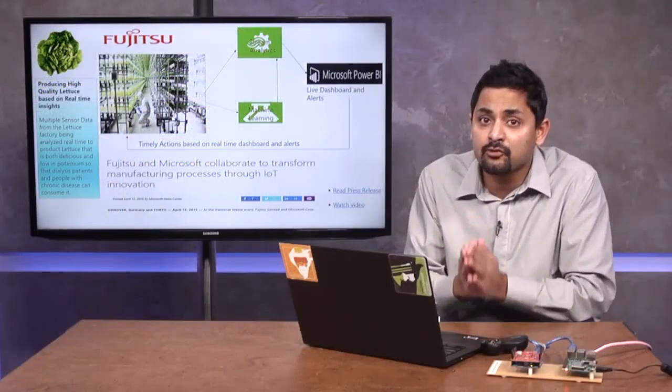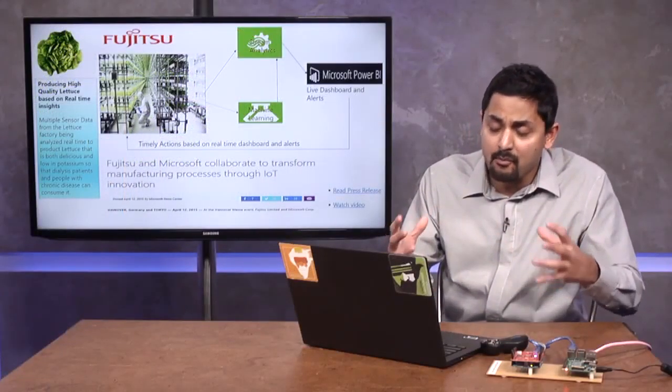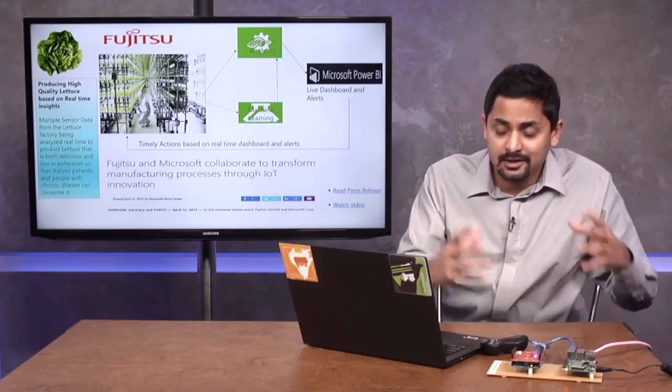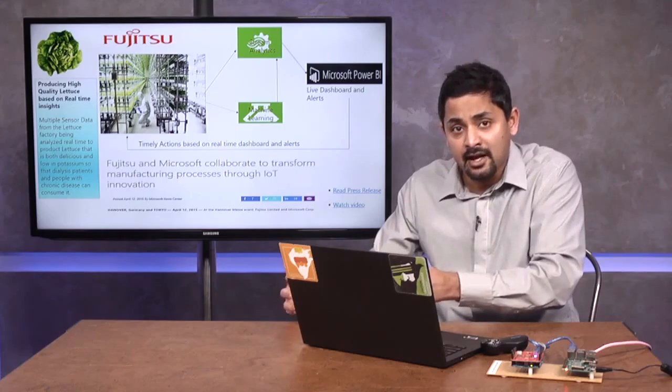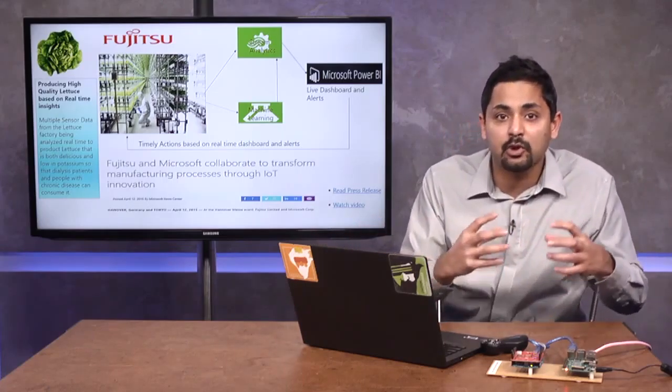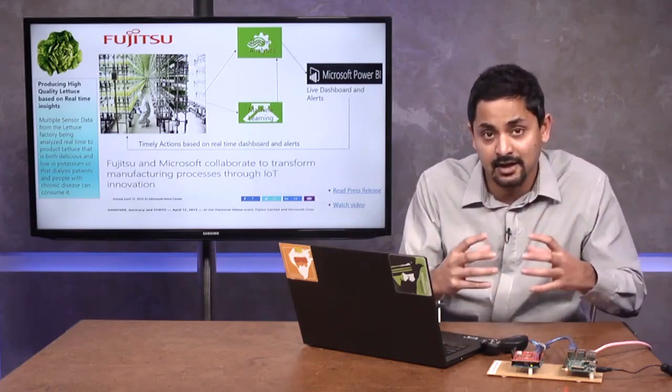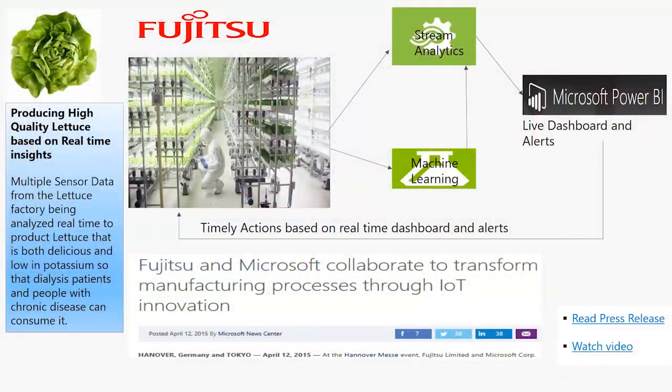What the researchers at Fujitsu found out is how they can monitor the environment, the temperature, the humidity, the soil conditions, and things like that in order to control the amount of potassium in the lettuce that is grown in these factories. They have all of these sensors monitoring this factory floor which is growing this lettuce, and once they collect the data from these sensors, they take some real-time insights, some predictive insights, and take actions in case something wrong happens with the environment.